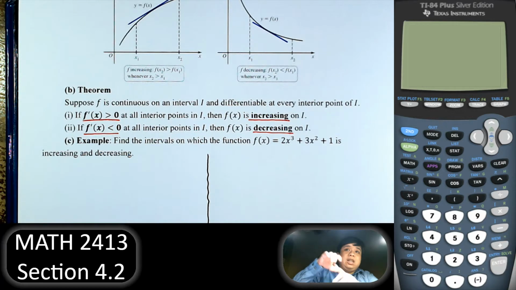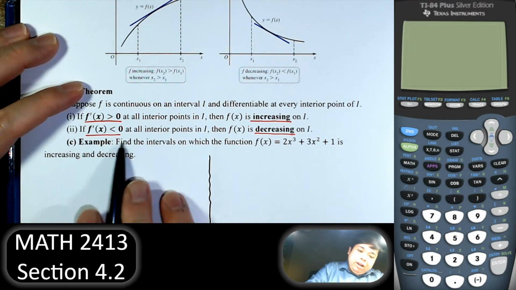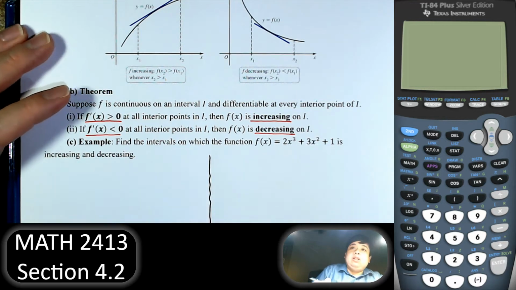Usually when it is equal to 0 or does not exist, it occurs at a point, while positive or negative is usually for an interval.